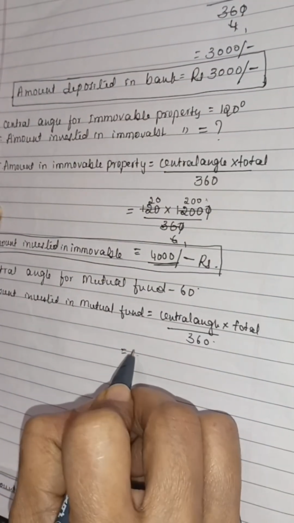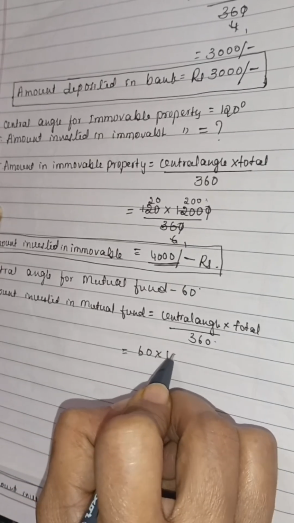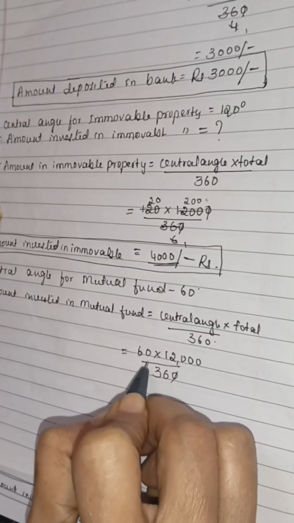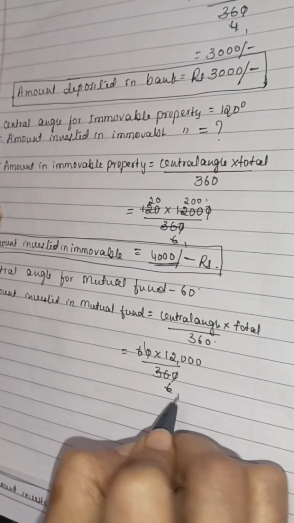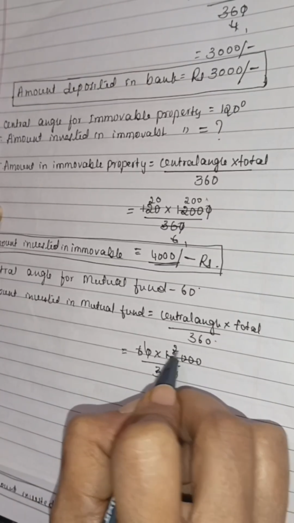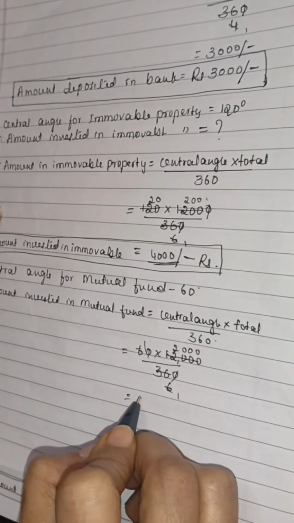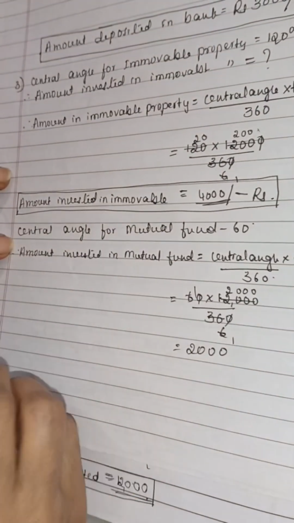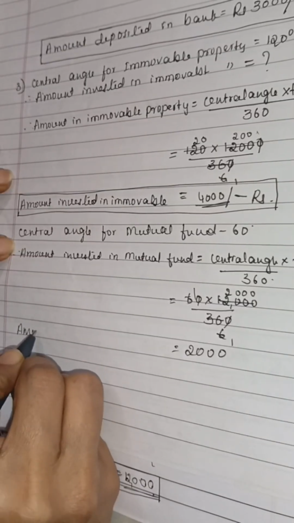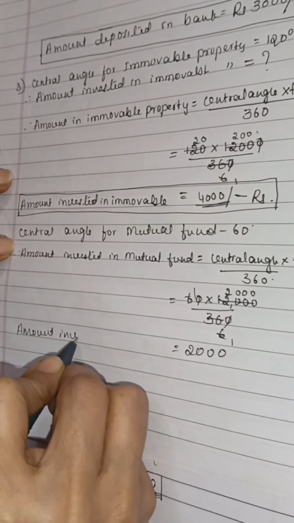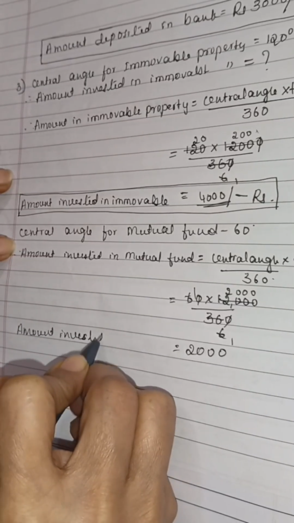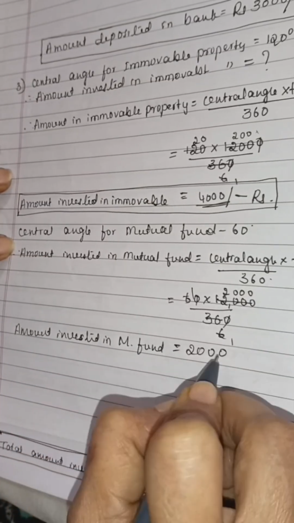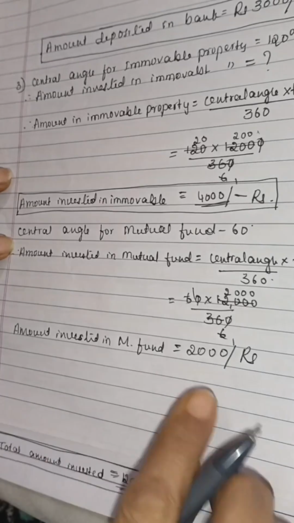That is, central angle 60 multiplied by 12,000 total, divided by 360. 0, 0, 6 ones are 6, 6 sixes are 36, 6 ones are 6, 6 twos are 12. So 2,000. This is the amount invested in mutual fund, rupees 2,000.